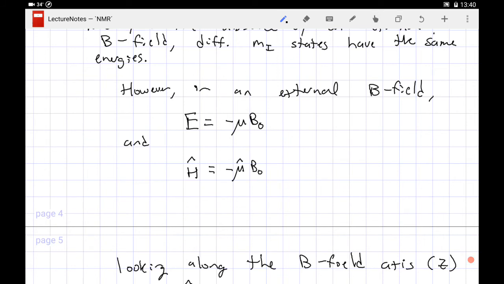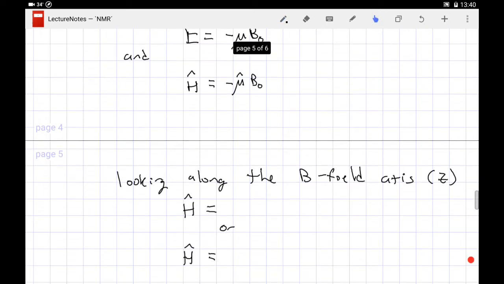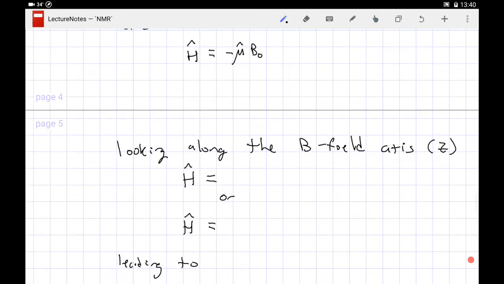Now often we care only along the axis of that magnetic field, which we often call the z-axis. So in that case, we want to look at the Hamiltonian just in that z dimension. Or if we want to look at it in terms of this gyromagnetic ratio, it's minus gamma times I sub z B naught, where we just have that projection operator.